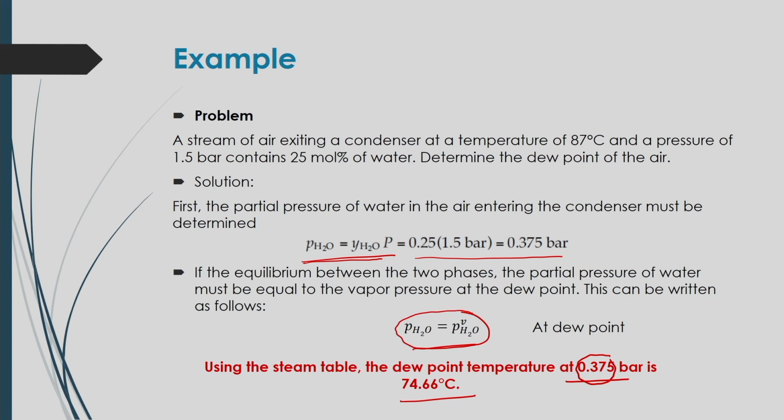So, we can say that simply the dew point will be the temperature when the moisture partial pressure in the air is exactly equal to the vapor pressure of that moisture in the air.